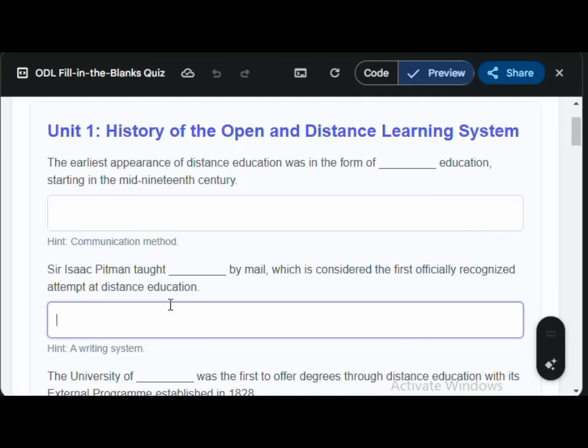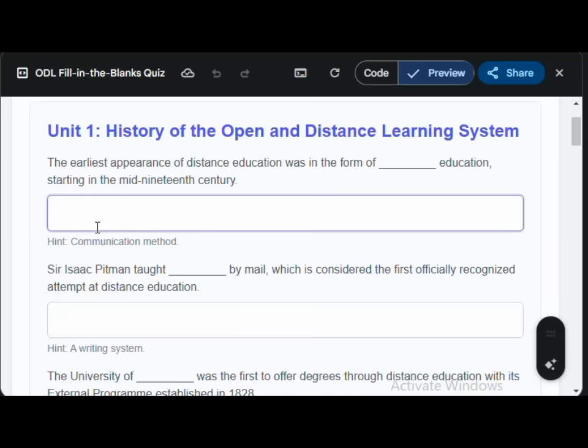Whenever you see a question like this, the question stems from GST 107, the study guide. Looking at this question: the earliest appearance of distance education was in the form of dash education, starting in the mid-19th century.